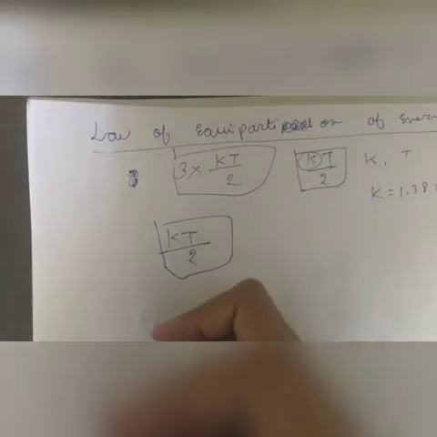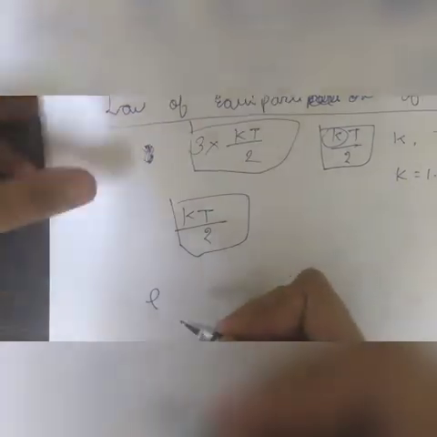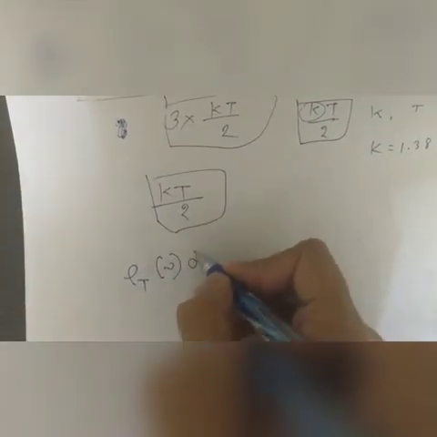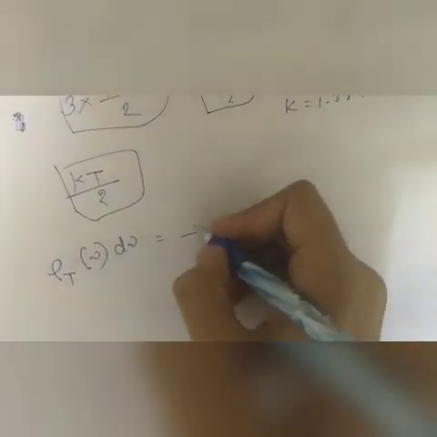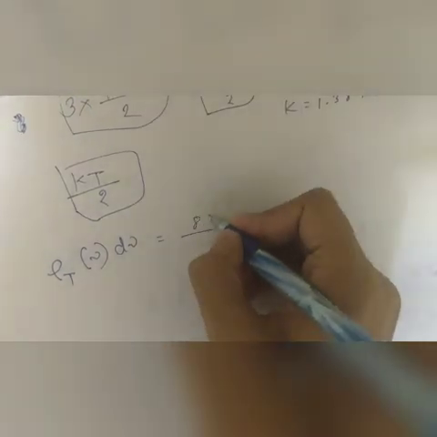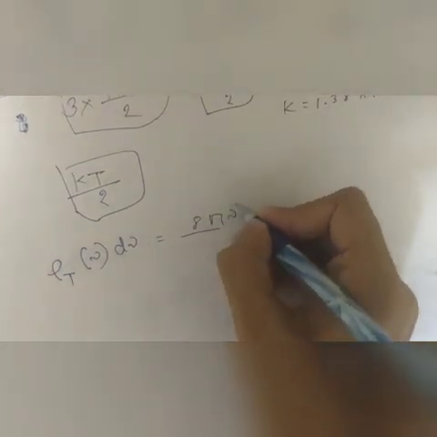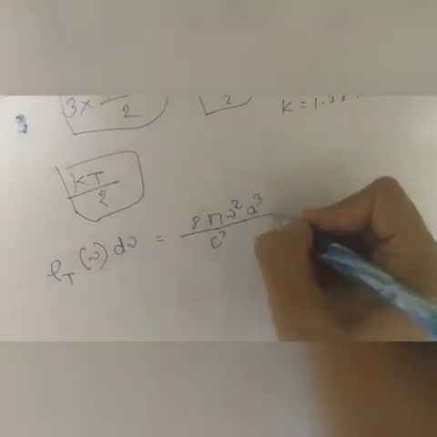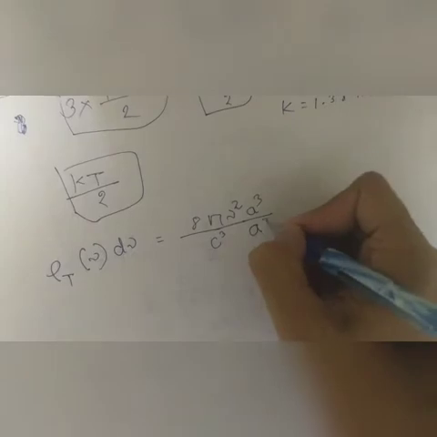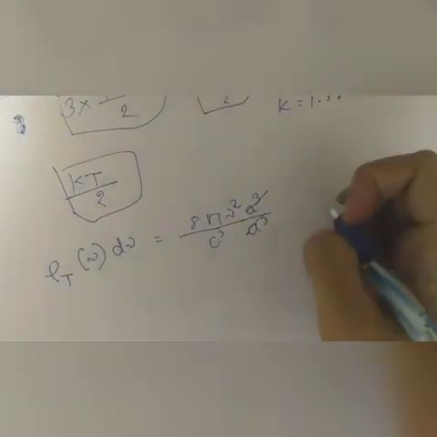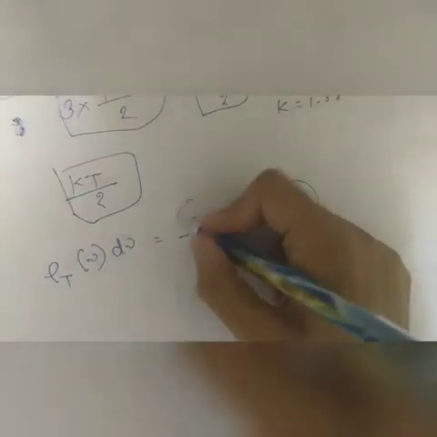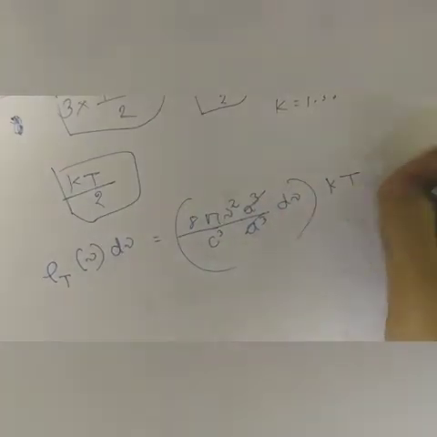So we will get the energy density as a function of nu, that is frequency. What we have got is 8 pi nu square by c cube. There was an a cube term, but we are considering energy density, so a cube cancels out. There is a term d nu, and it is multiplied by kT.